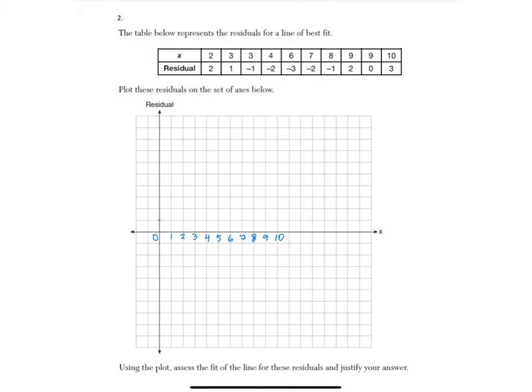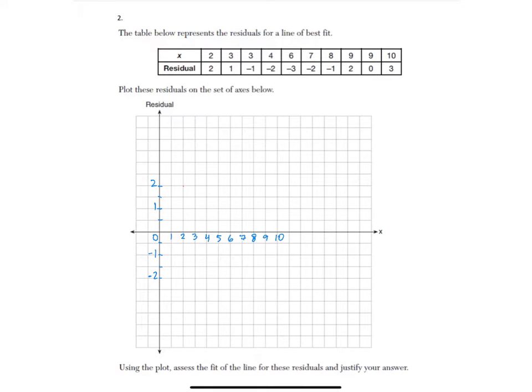Let's say this is 1 and then 2, and then -1 and -2. So let's mark our plots.